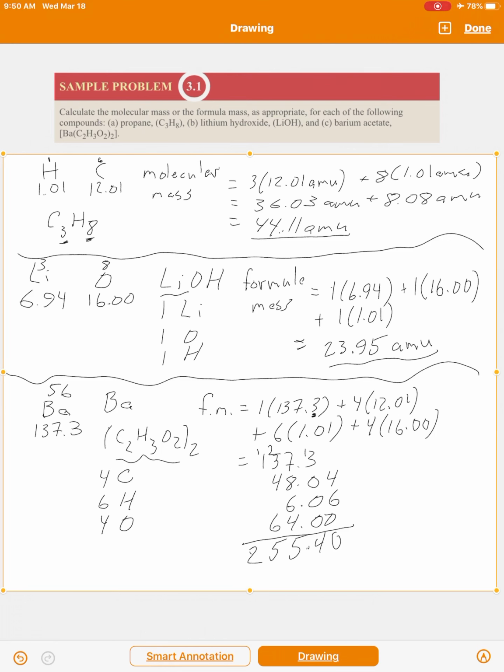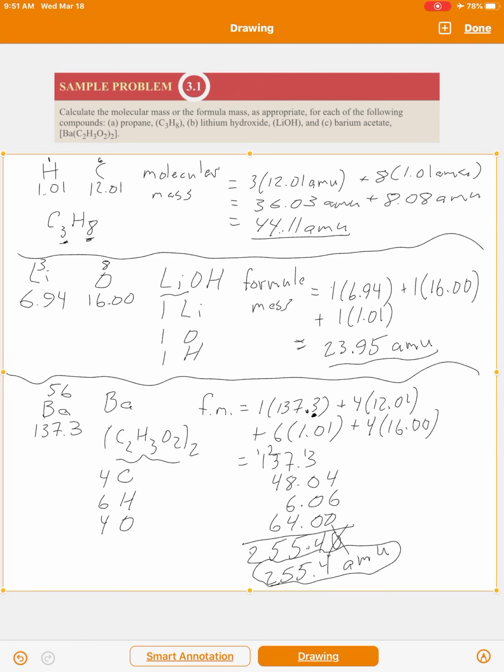Your answer can only go out as far as the one with the fewest digits past the decimal point, and that's the barium, which only goes 1 digit. So it would be 255. And again, it's AMU, atomic mass units, and that would be the formula mass of barium acetate.